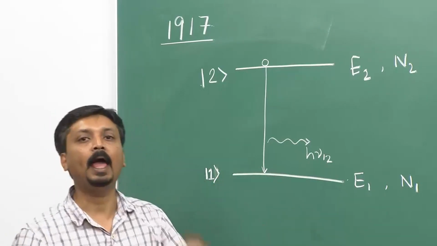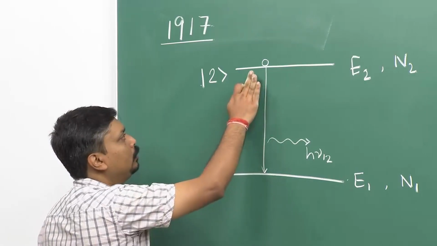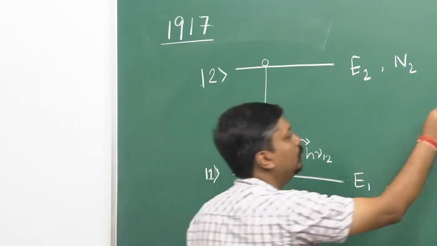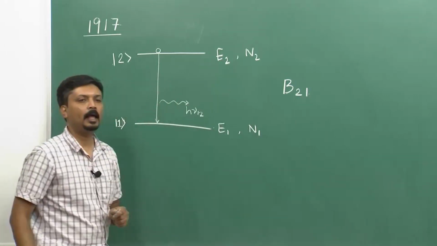There must be another decay channel such that its rate constant is B21.